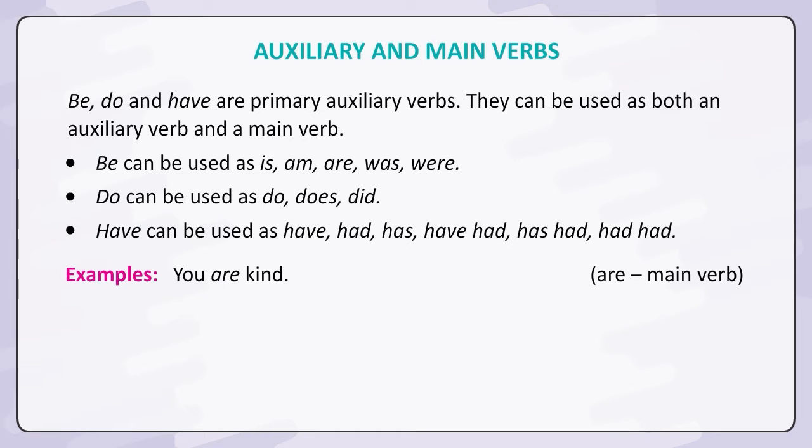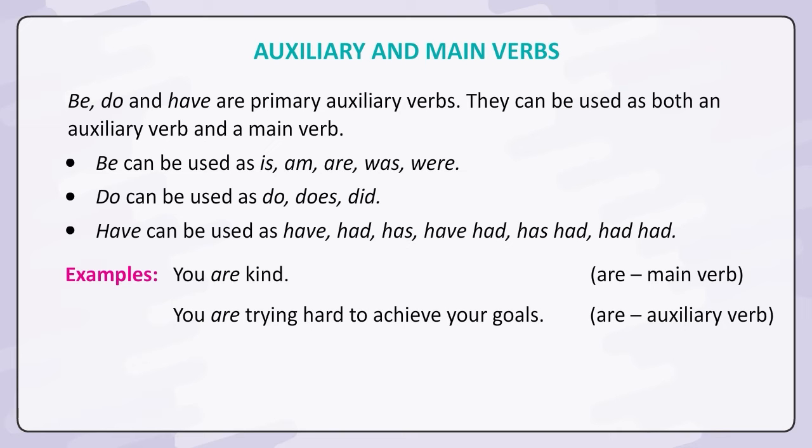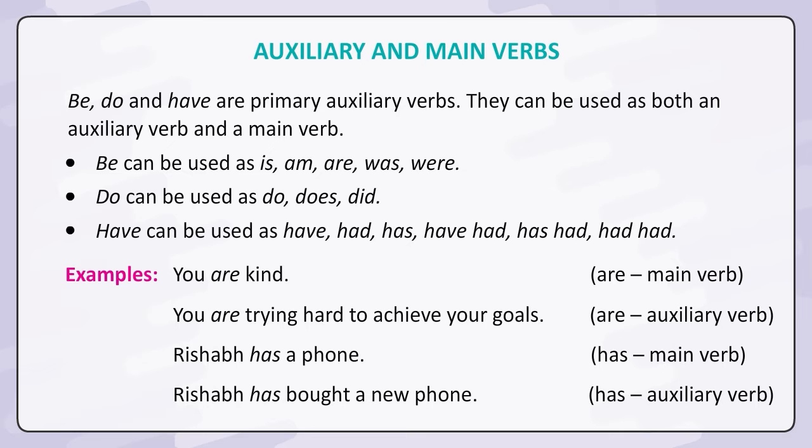Examples: You are kind. Are, main verb. You are trying hard to achieve your goals. Are, auxiliary verb. Rishabh has a phone. Has, main verb. Rishabh has bought a new phone. Has, auxiliary verb.